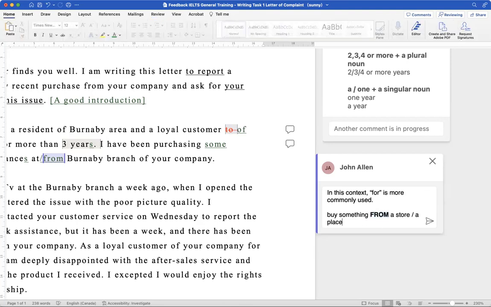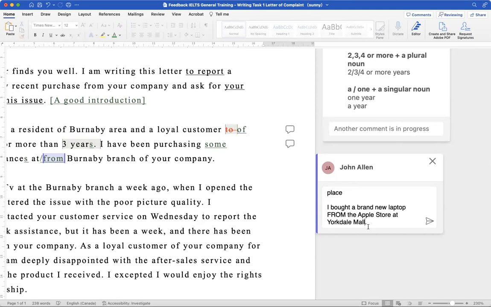For example, I bought a brand new laptop from the Apple store at Yorkdale Mall.